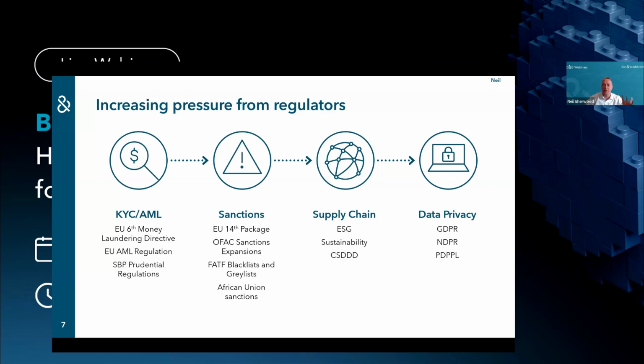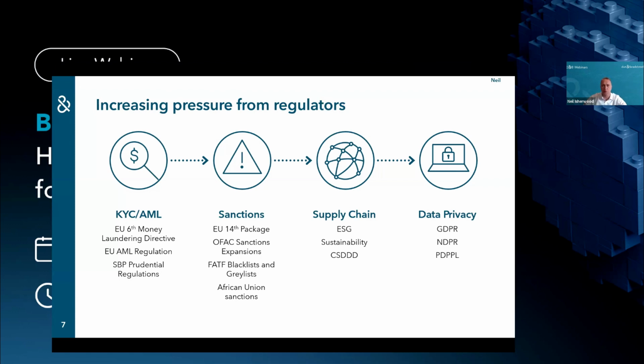And if you're not familiar with Europe, the difference between directives and regulations: a directive allows each country a certain amount of flexibility as to how they implement those rules into national law. And what they found is that resulted in inconsistencies in each member state's approach, whereas regulations don't have that flexibility. So each country must adhere exactly to the rules.